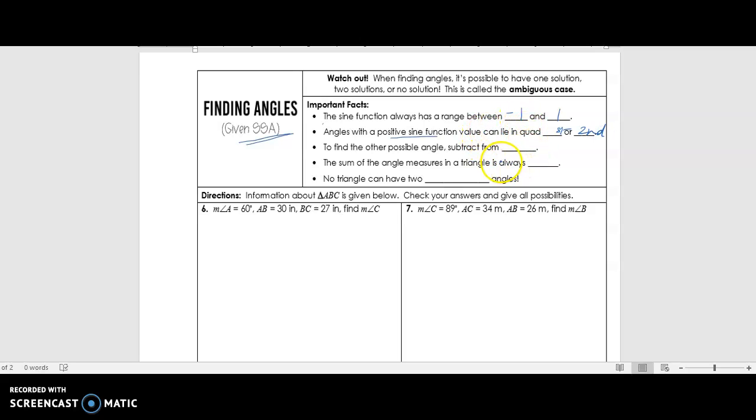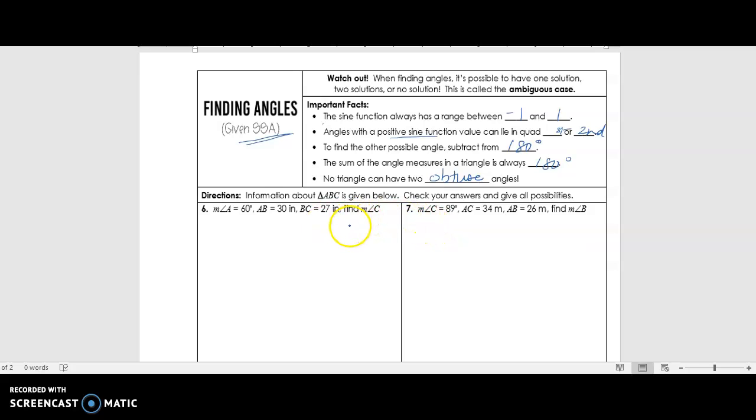To find the other possible angle, we must subtract from 180 degrees because it's positive between the first and second quadrants. The sum of the angle measures in a triangle is always, of course, 180 degrees. So no triangle can have two obtuse angles. So these are the points you should keep in mind when we are doing these problems.